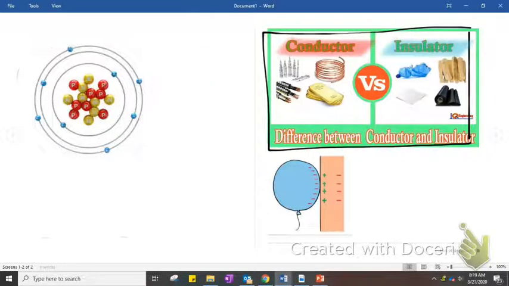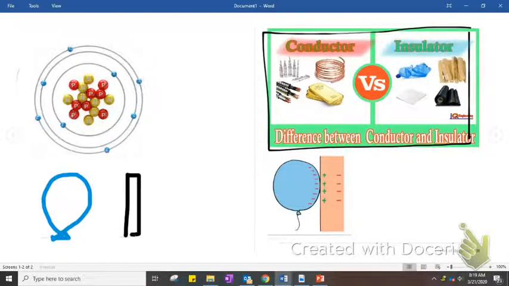So what we did is we used an insulator. You might have used a balloon if you had them at your house, or maybe like me, you used a comb. Both of them are insulators.